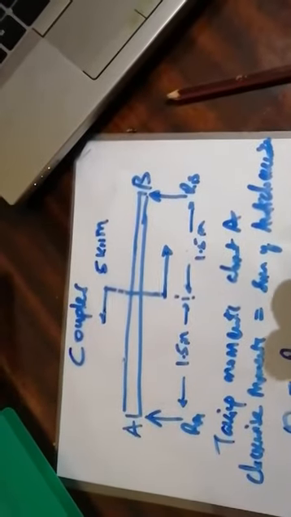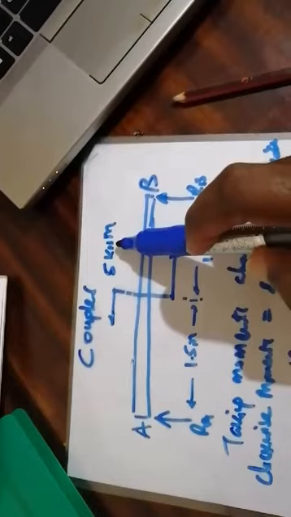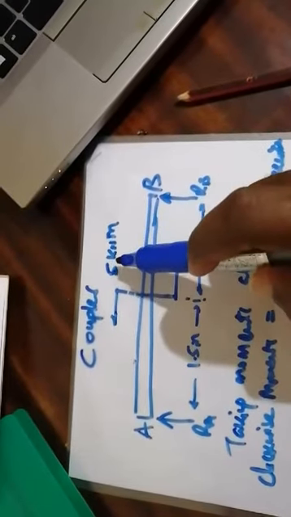So 0 should be equal to the moments that are turning our beam counterclockwise or anti-clockwise. In our case, we have RB trying to rotate our beam upwards, acting at a distance of 1.5 plus 1.5 from point A, that is 3 meters, plus our couple. Remember, the couple has already been multiplied by a distance.